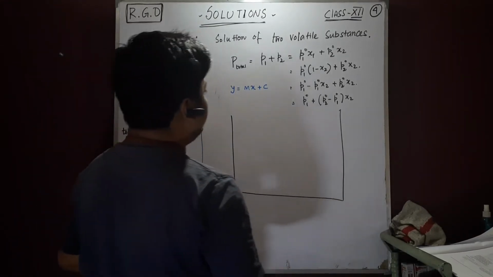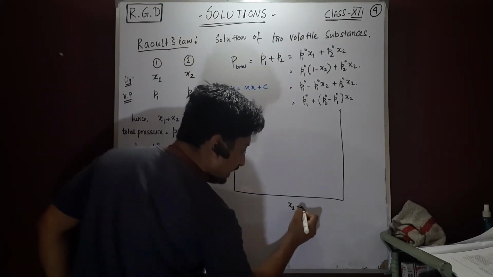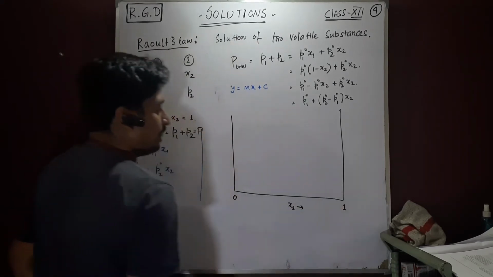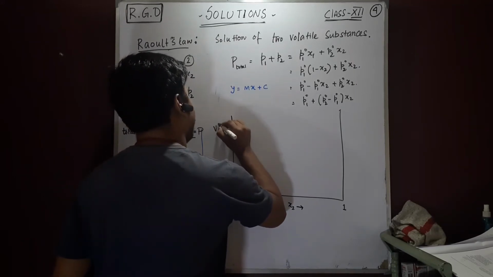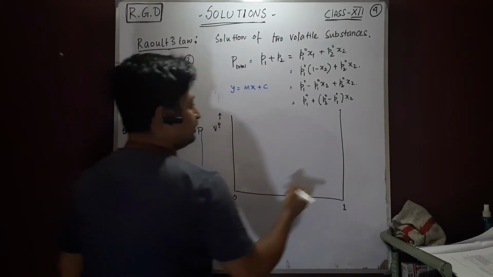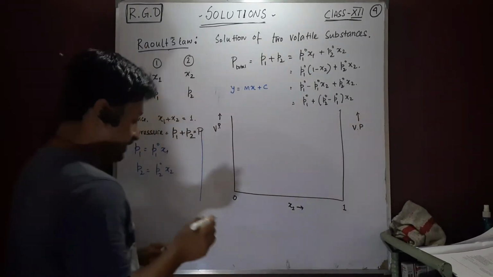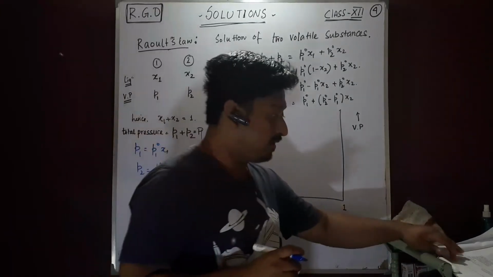So if I plot with respect to x2, x2 means this can be 0 or this can be 1. I'm plotting the vapor pressure here. Why I put this axis, I'll tell you later. Now just don't try to mug it up.